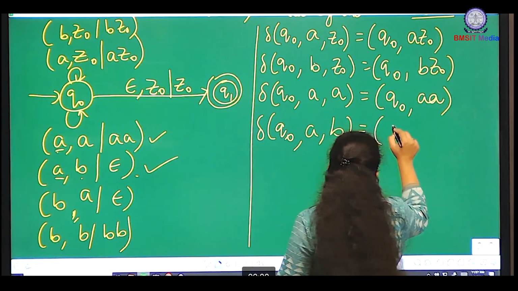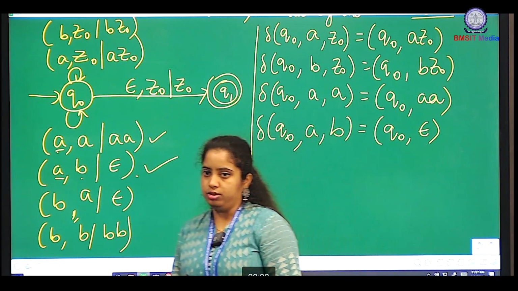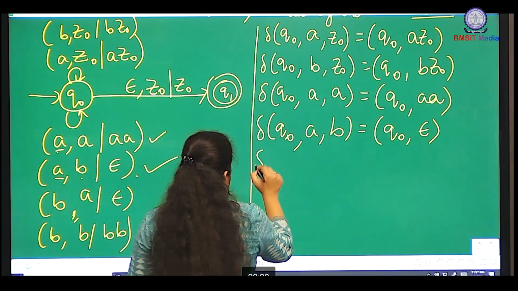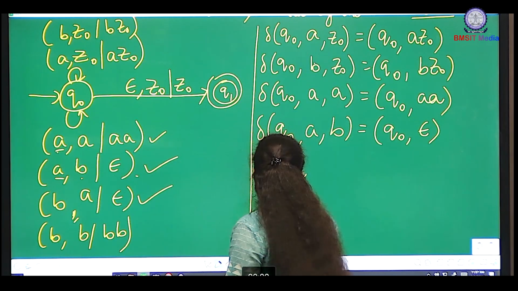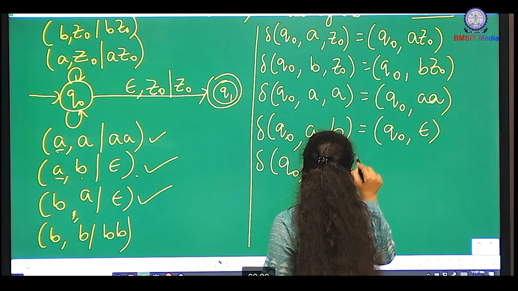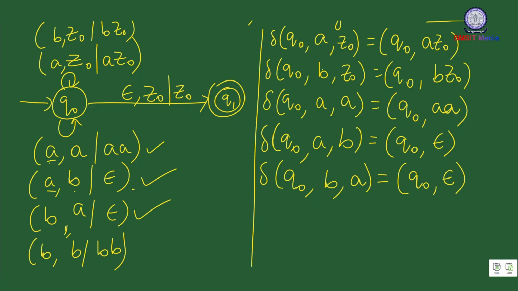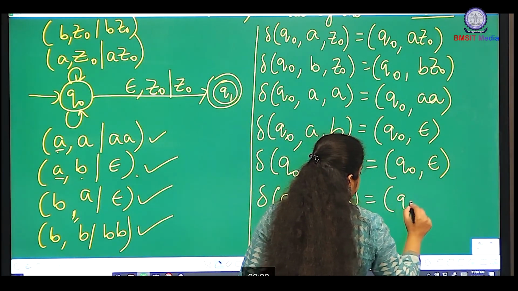You stay in the same state and perform epsilon, that is, pop that element. So delta Q0, B is the input symbol, A is the top stack element, so Q0 pop it.